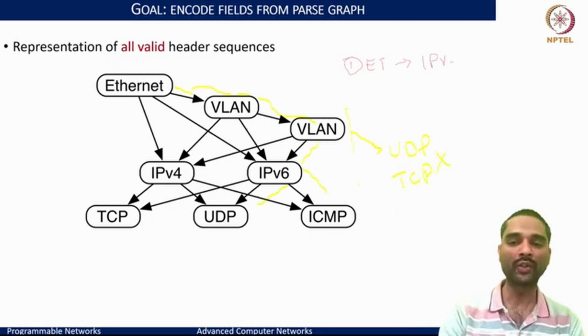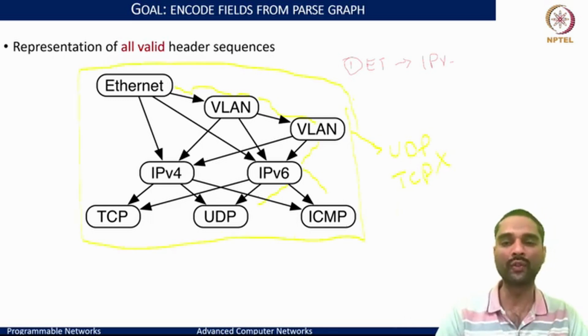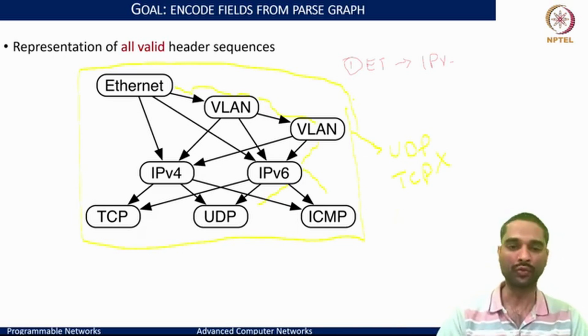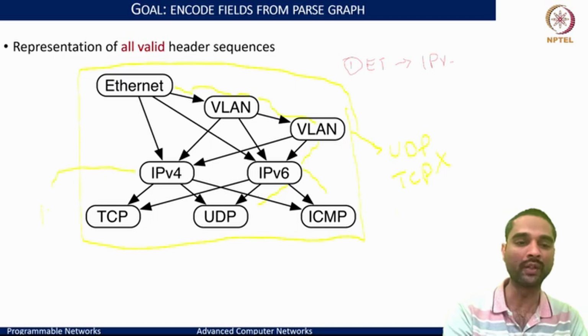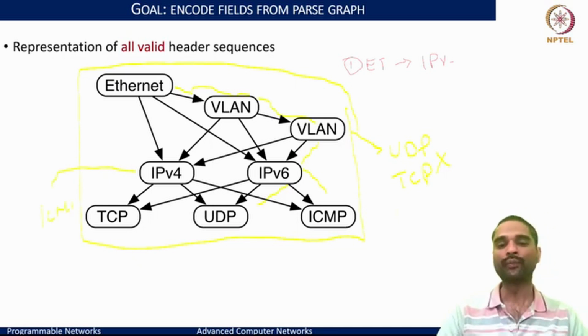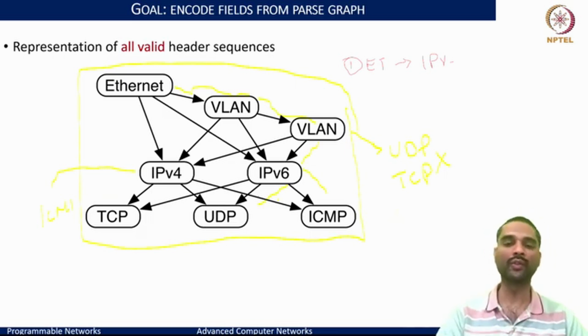So all the combinations expressed in terms of sequences that we can support would be used. And in this case, if ICMP is not in the parse graph list that we are looking at, then only IPv6 with ICMP or IPv4 with ICMP would be the combinations supported.